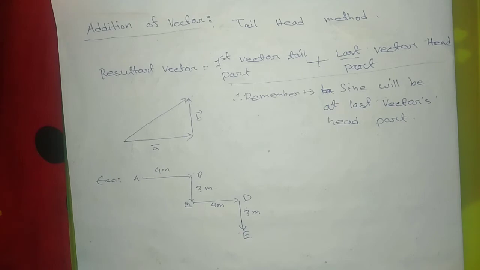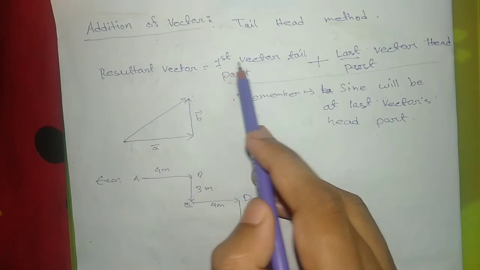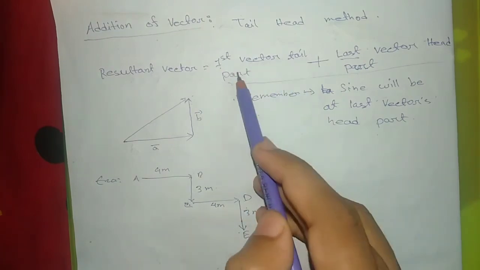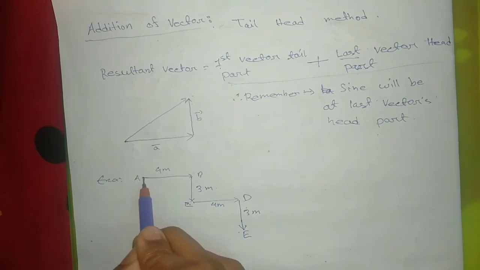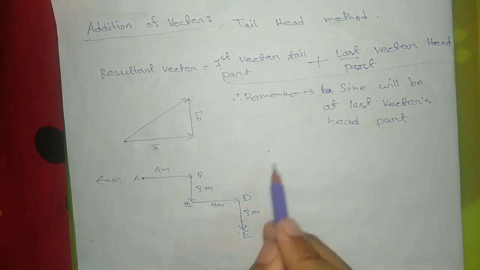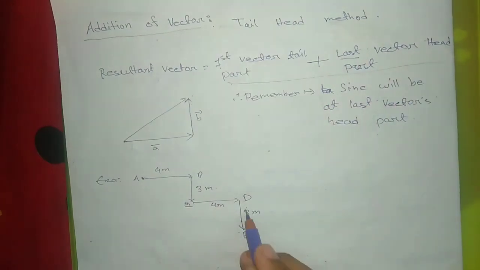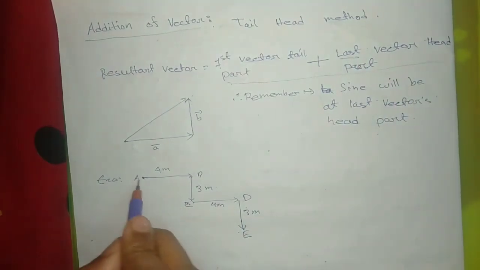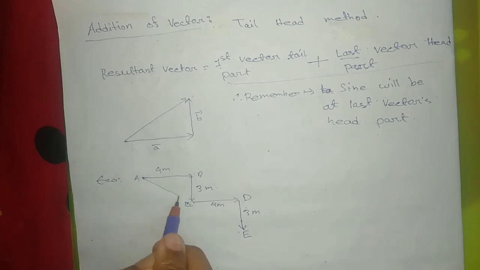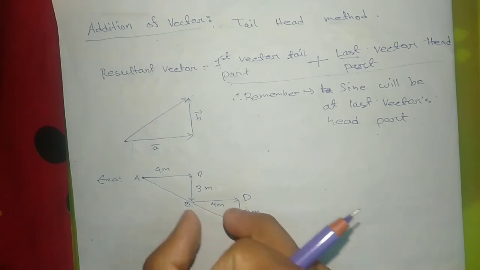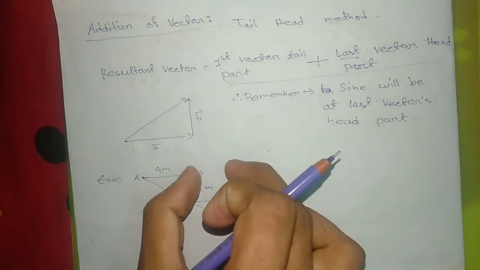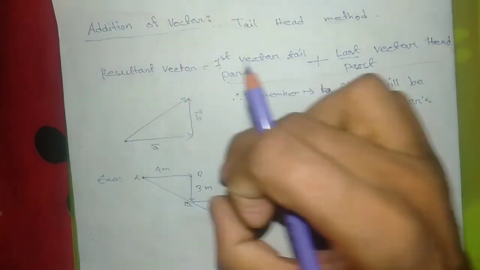How? Here I have told you that first vector tail part, this is first vector tail part, and last vector head part, this is head part. Addition. Okay, and direction this way. What do you get? Take here and it takes here.